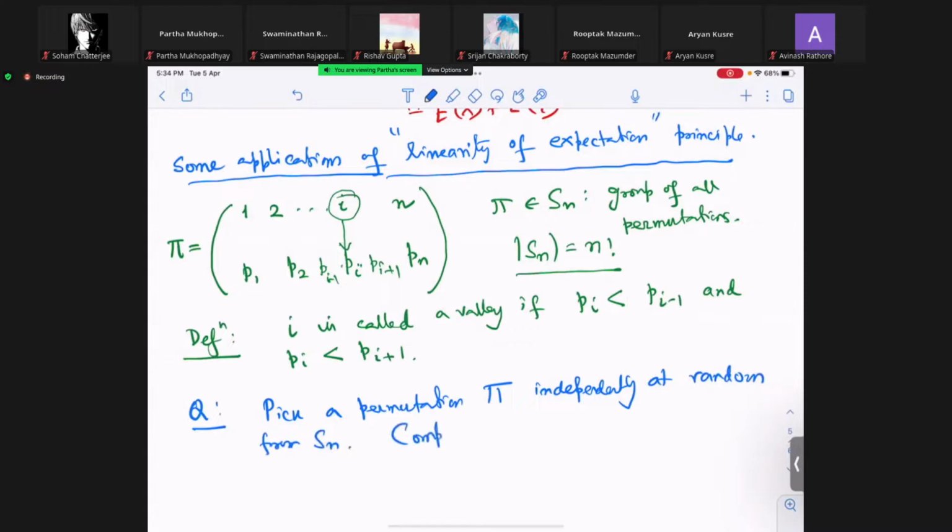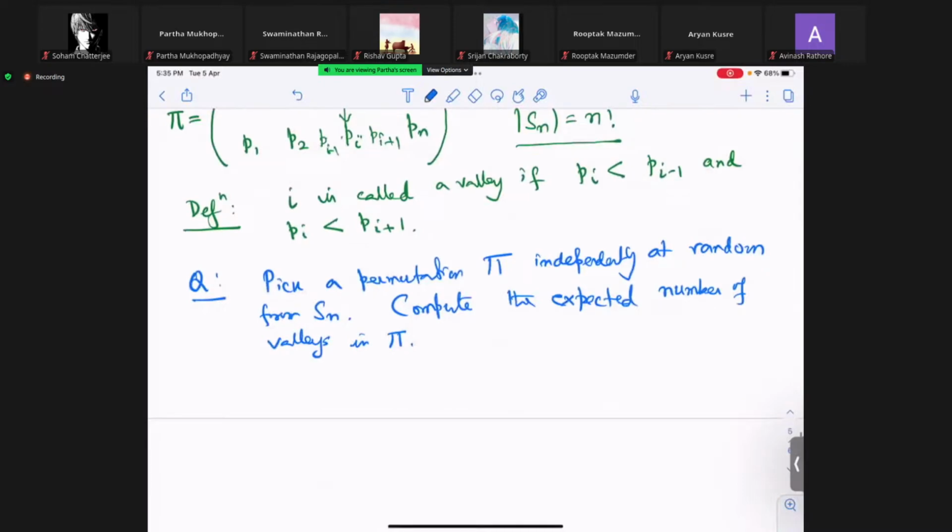Compute the expected number of valleys in pi. Okay, so this is the question. The question is very simple. I just uniformly pick a permutation from the set of all permutations. It should be uniform.